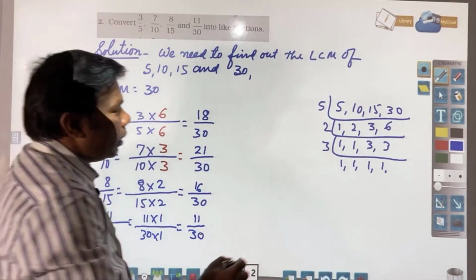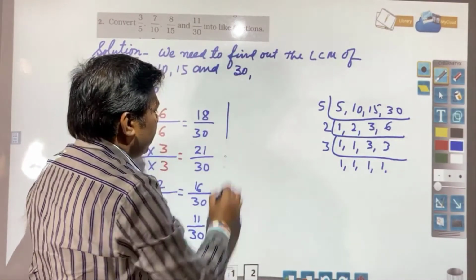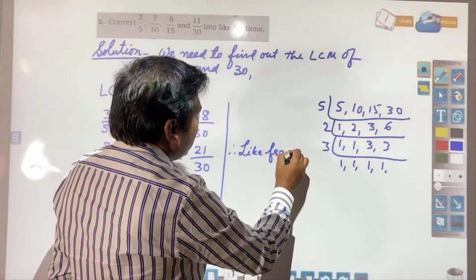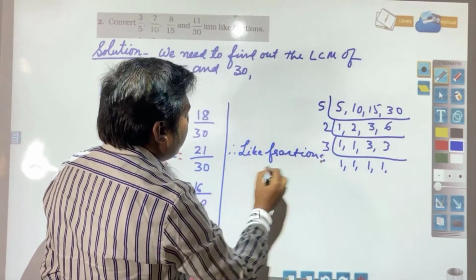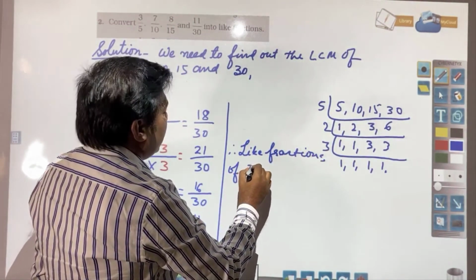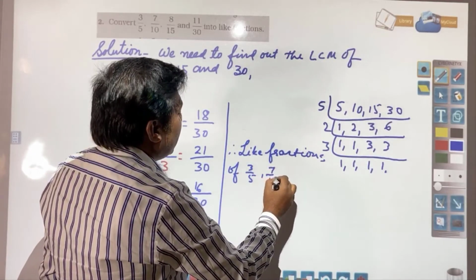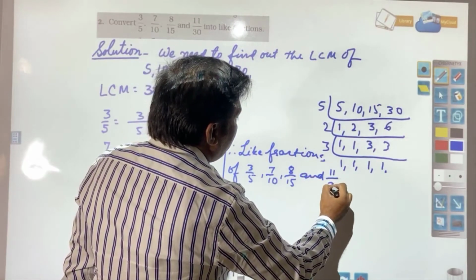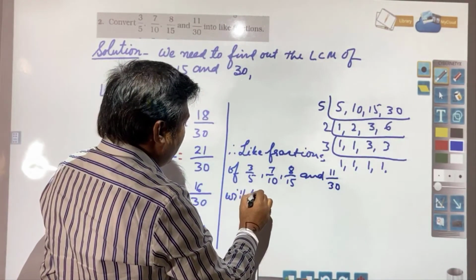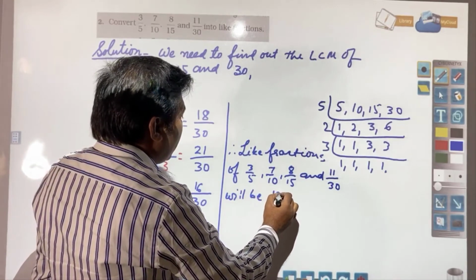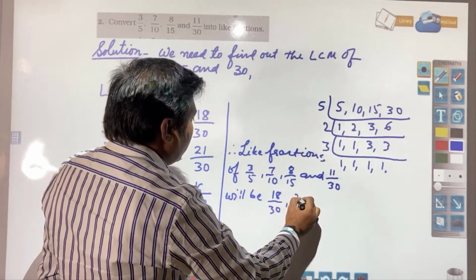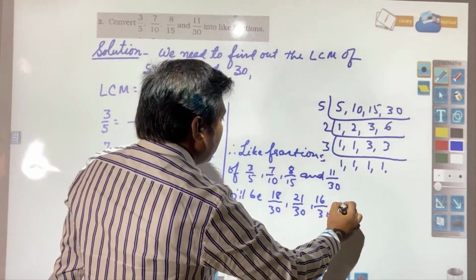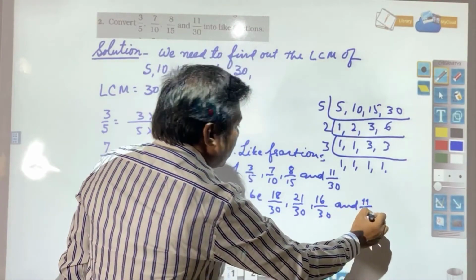So your answer will be, therefore, like fractions of 3 by 5, 7 by 10, 8 by 15 and 11 by 30 will be 18 by 30, 21 by 30, 16 by 30 and 11 by 30 respectively, you will write.